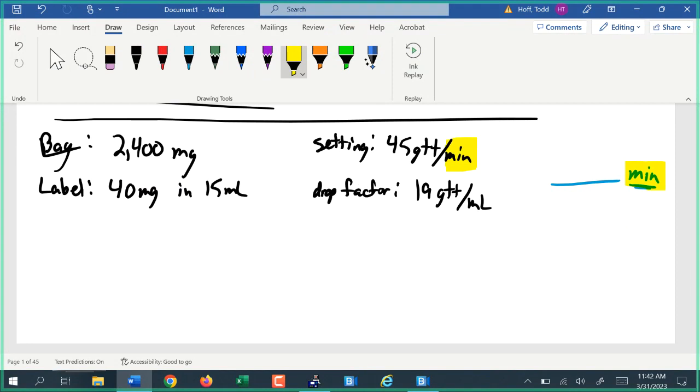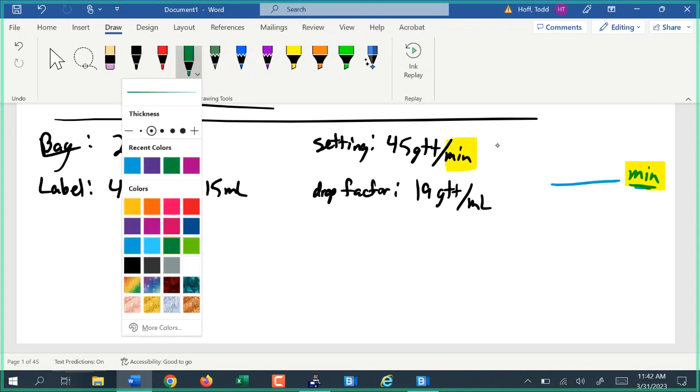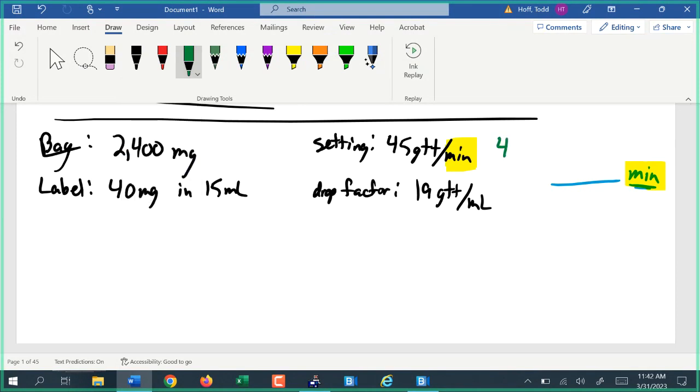Now recall that we've mentioned each of these rates is an equivalency. 45 drops per minute is saying that 45 drops is equivalent to 1 minute of elapsed time. So 45 drops per minute is also 1 minute per 45 drops. And since we want minutes to be our unit on top, I'm going to write it like that, 1 minute per 45 drops.